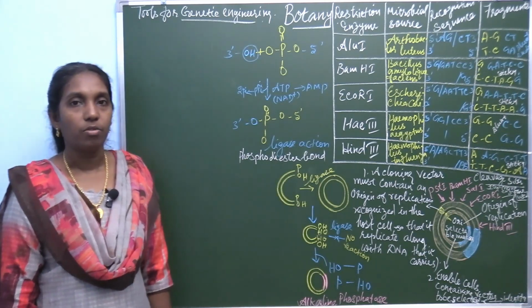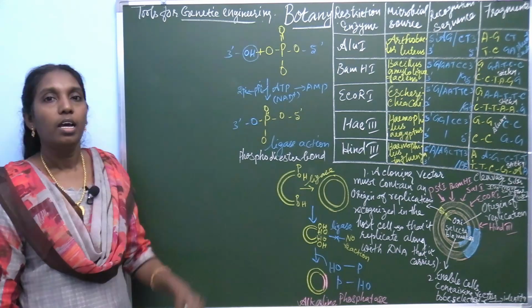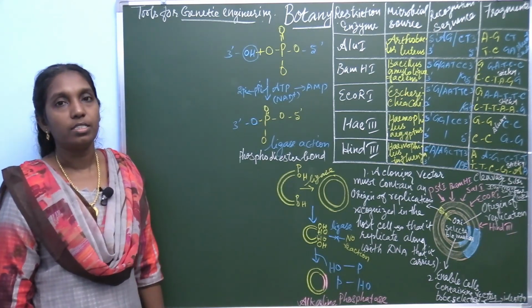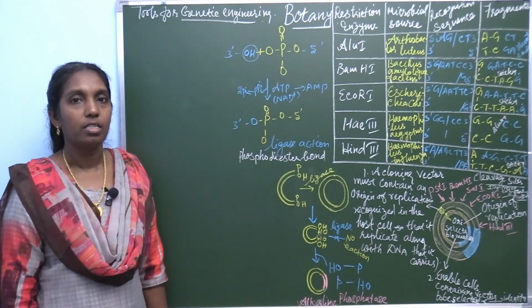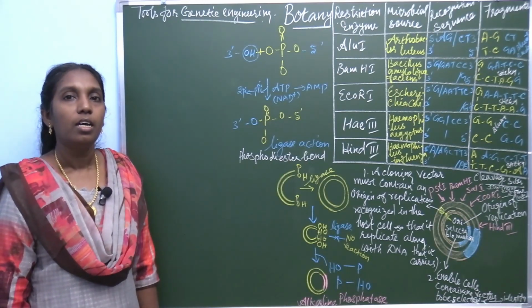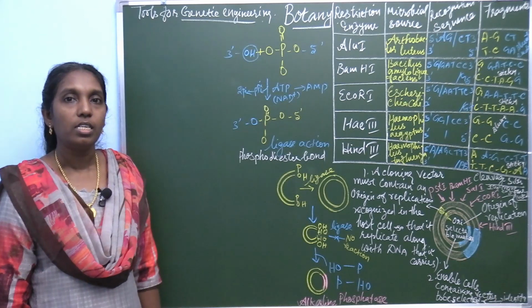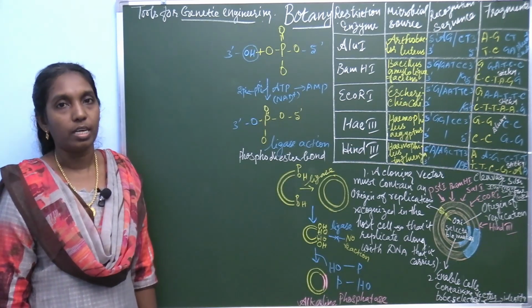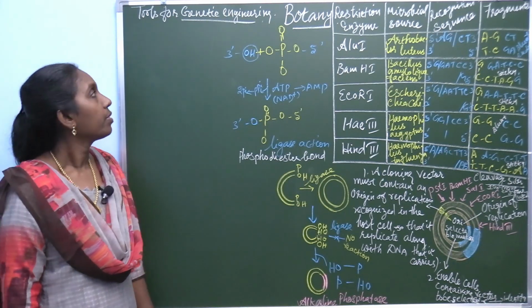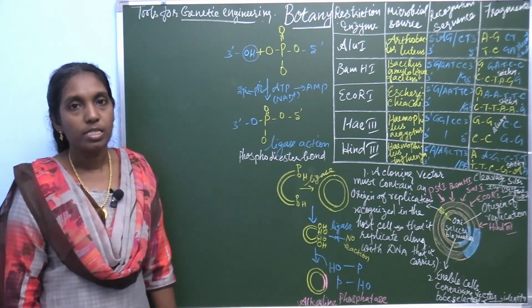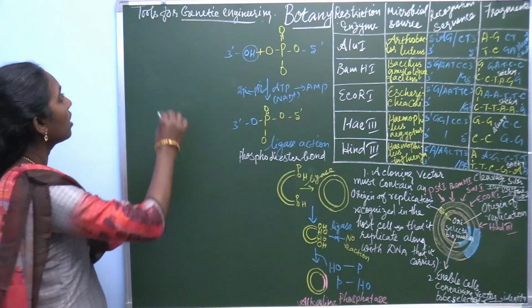What are the tools involved? There are certain tools involved for genetic engineering technology. In the previous class we discussed the topic genetic engineering. Recombinant DNA technology is very much used in this. For making recombinant DNA, there are some tools involved. What are the tools?